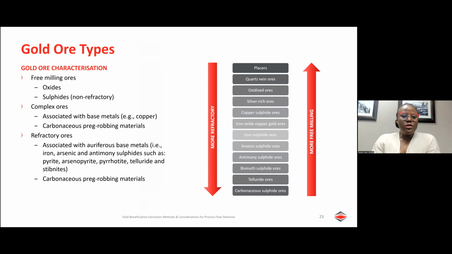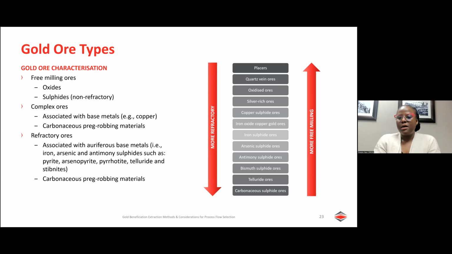Okay, the gold ore types. So gold ore is typically classified as free milling, complex, or refractory. So your free milling ores consist of oxides and your non-refractory sulfides. Then your complex and refractory ores contain varying compositions of auriferous base metals, and they also may be preg robbing as well.